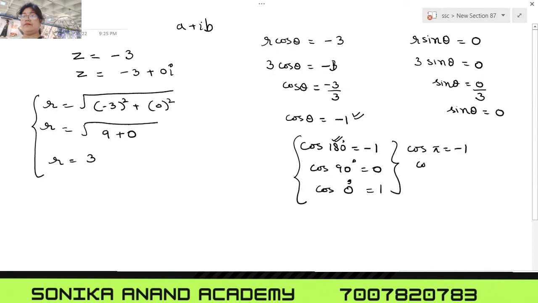Here it is cos pi by 2, and here it is cos 0. So what's the value of theta? That is pi. So how can we write it? 3 cos pi plus i sin pi.